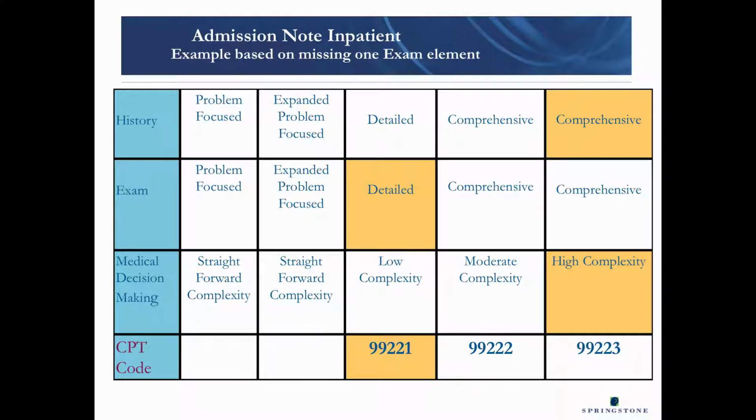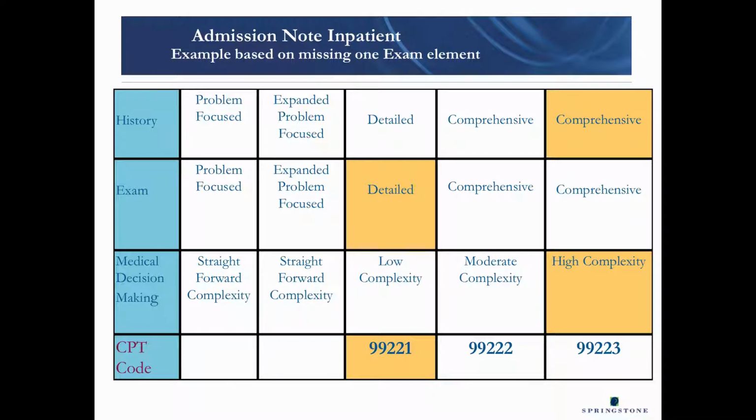If you missed one bullet on the exam, let's say you forgot to say something about associations or about language, that would knock you back to a detailed level, which would mean that instead of being able to bill a 99223, you'd only be able to bill a 99221.